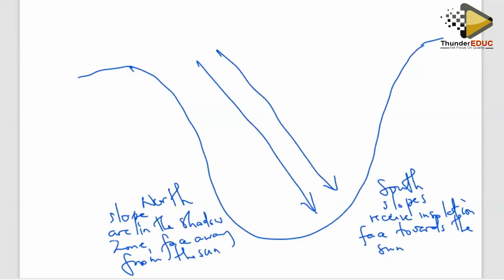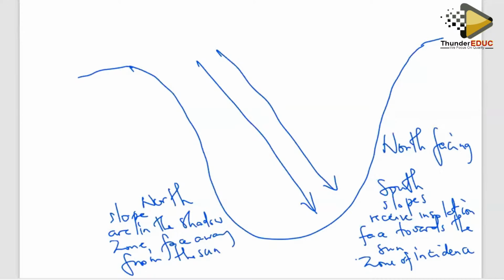Right. So this one, we call them, they are in the zone of incidence. This is in the shadow zone, and these ones, they are in the zone of incidence. Right. And the confusion that you must desist from, if ever you don't want to have confusion in your life in the examination. Remember, south slopes, we also call them north facing.